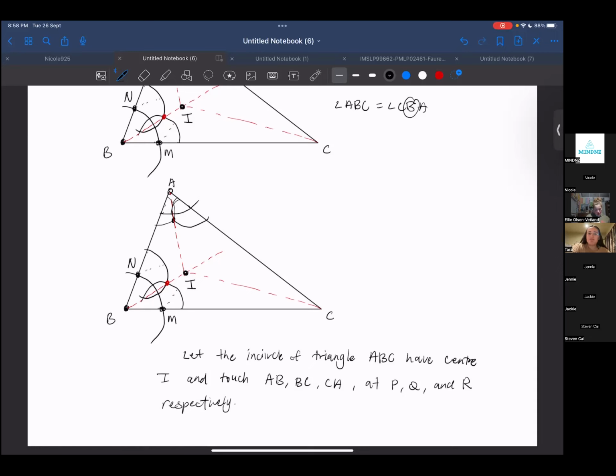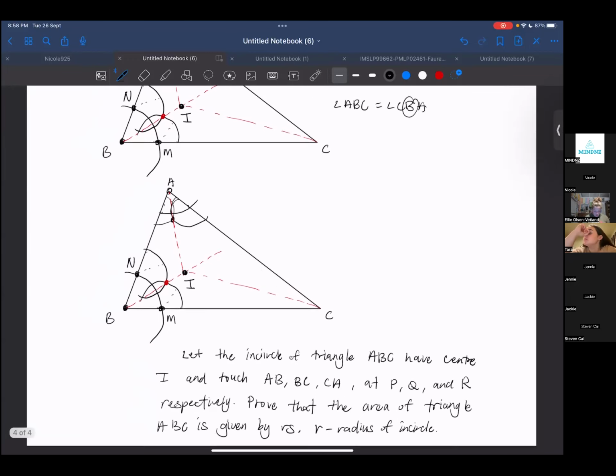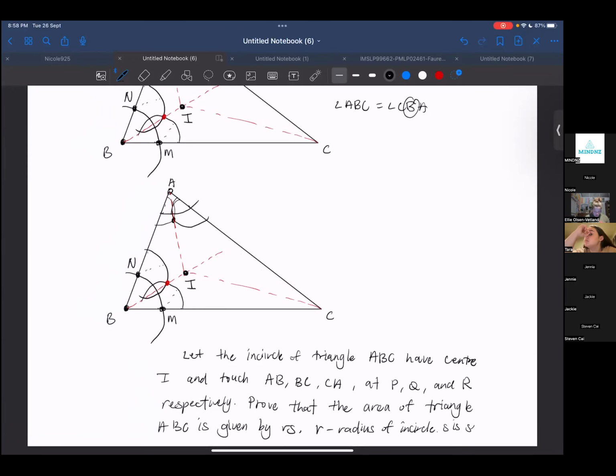Prove that, so this is usually the thing that they want you to achieve, right? So they give you an initial condition and then they ask you to prove something. Prove that the area of triangle ABC is given by RS, where R is the radius of the incircle, and S is the semi-perimeter.